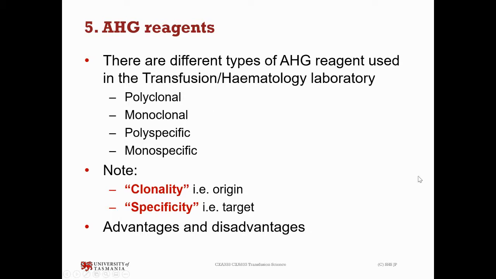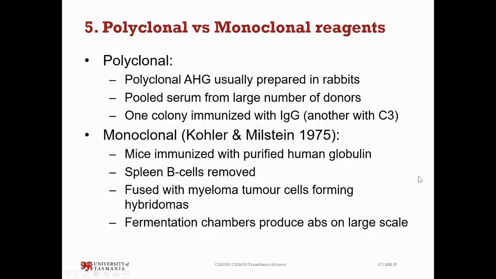And so first of all, we'll look at polyclonal versus monoclonal. So polyclonal is usually prepared in rabbits, and as you can see here, it is pulled from a large number of donors. So that's where the poly comes in. It's not just from one animal, it's from a large number. And so you also get serum from a pool of human donors.